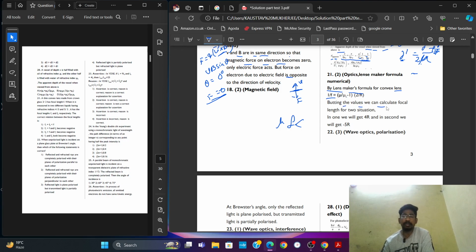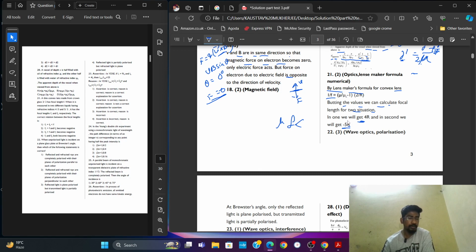Putting the values 3 by 2, 4 by 3 and 5 by 3, we can calculate the focal length for the two situations. In one case you will get 4r, in the other you will get 5r.